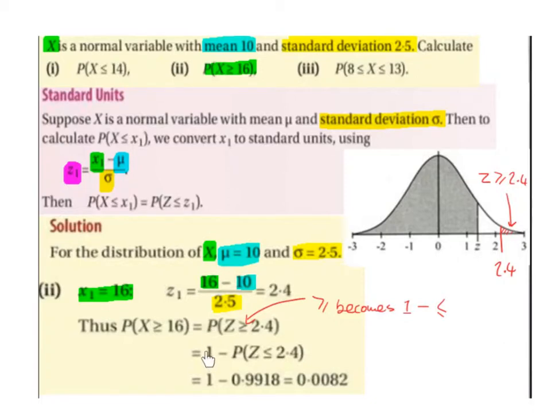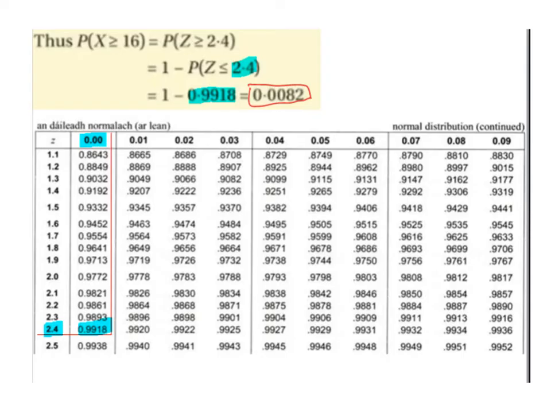So we get 1 minus the probability that z is less than or equal to 2.4, which gives us 1 minus 0.9918, which we get from our tables, which is equal to 0.0082. For the probability that z is less than or equal to 2.4, we go to 2.4 and 0, and we get 0.9918. Subtracting from 1, we get 0.0082.